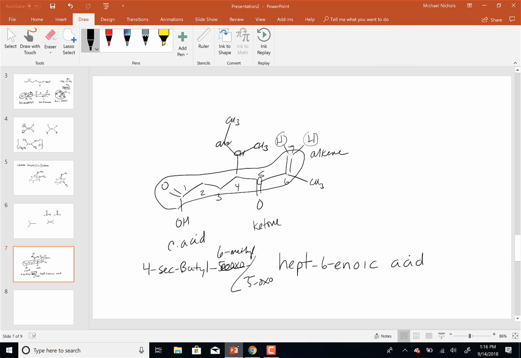If I interchange these two groups, I still haven't made one because they're both next to hydrogens. So whenever one of the two carbons has the same groups, it's not cis-trans. It doesn't matter which one I flip.